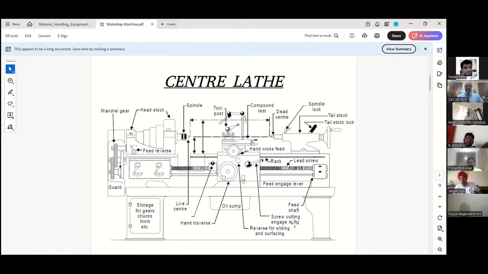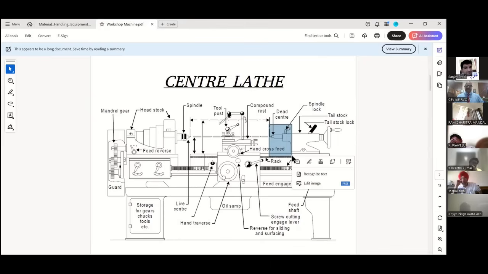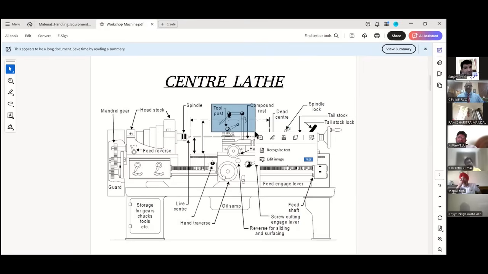Okay, here you find that there is a spindle at the end of the headstock. It is a spindle which rotates at the same speed. Your dead center, that is the tailstock. Okay. Based on the rotation of the tailstock and headstock, your job will rotate over the lathe, and the tool located on the tool post will perform its functions on the lathe.